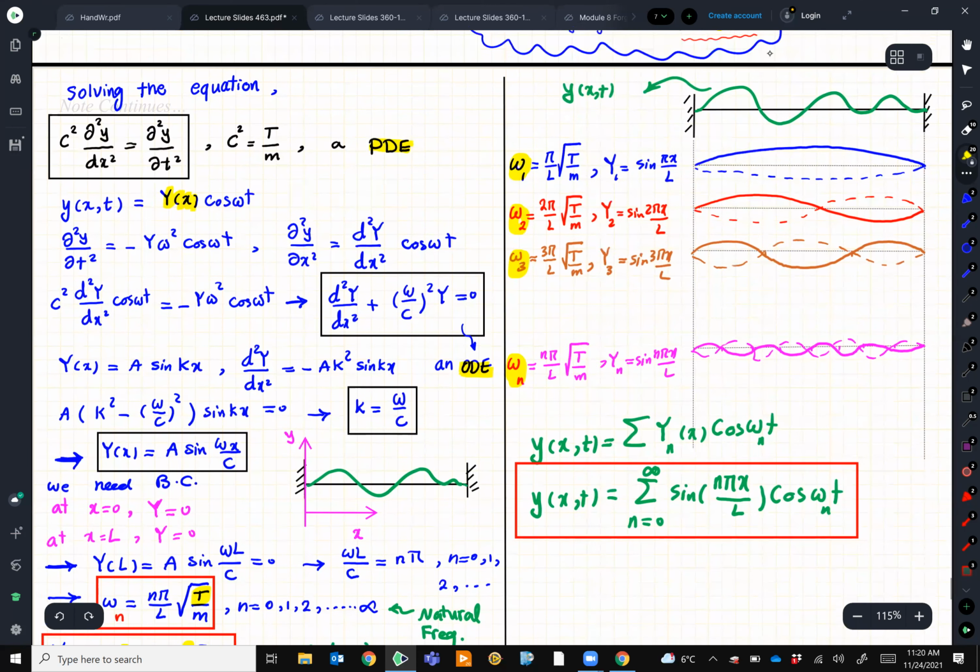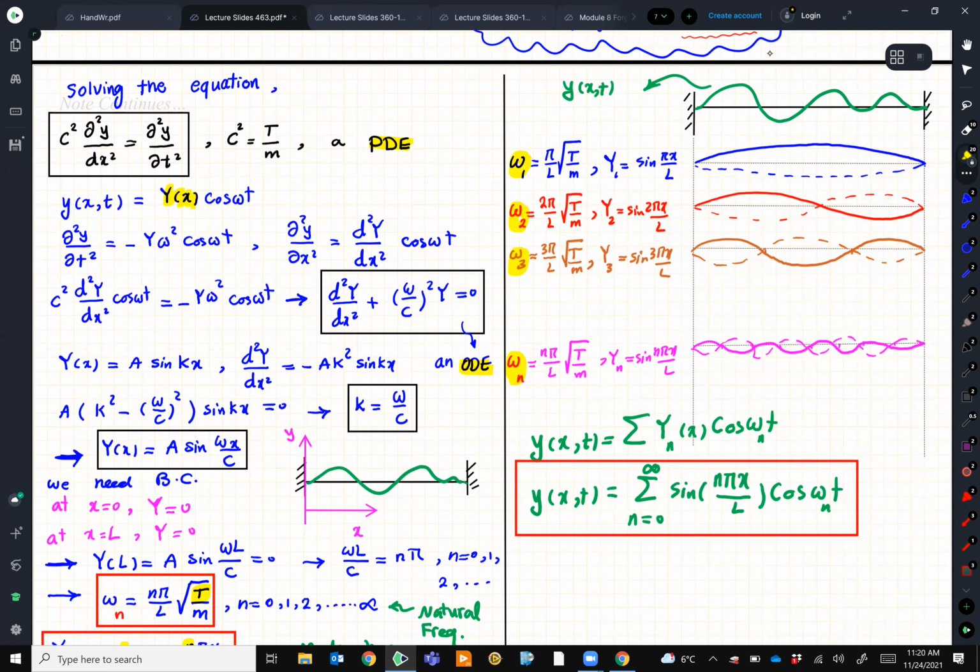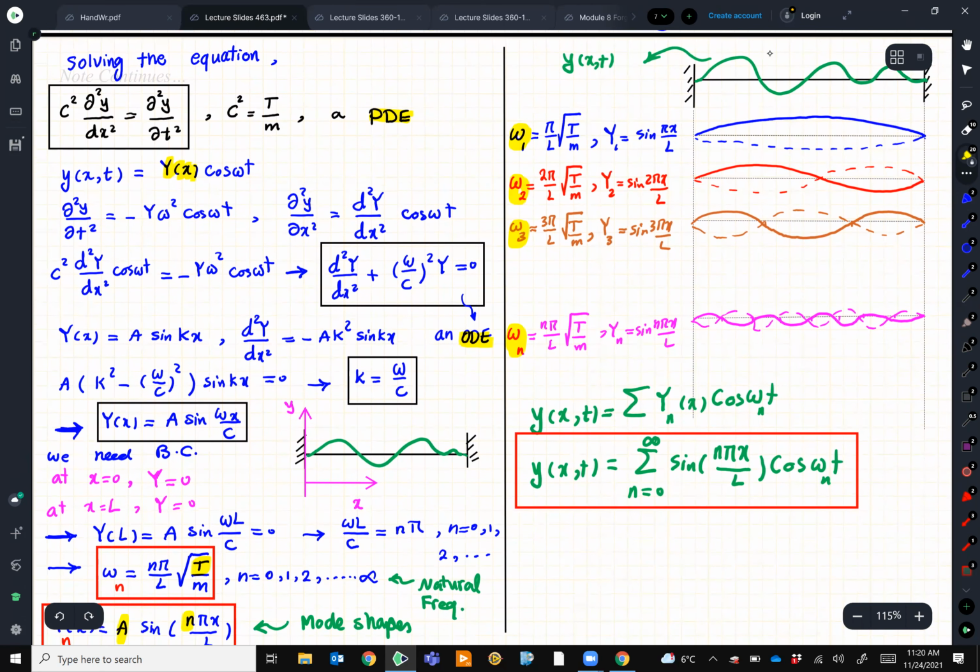Here are the mode shapes, the blue one, the red, the brown, and the pink one. We have an infinite number of mode shapes, and those mode shapes are sinusoidal for a string. We cannot argue that this string can have just any mode shape. Let's say somebody comes and claims that I can build a string that has this mode shape.